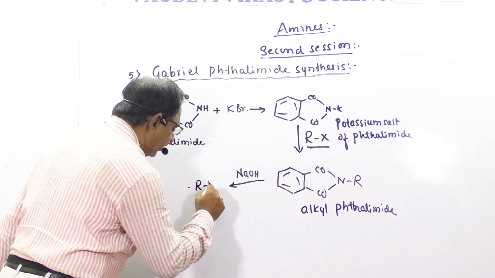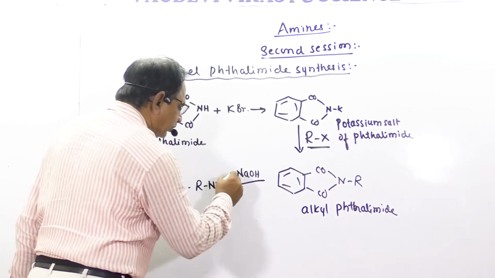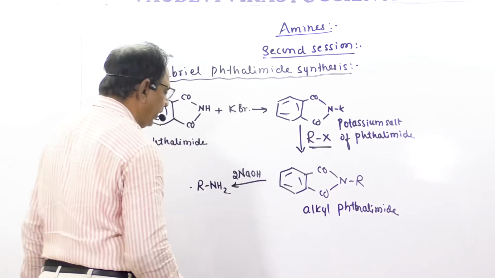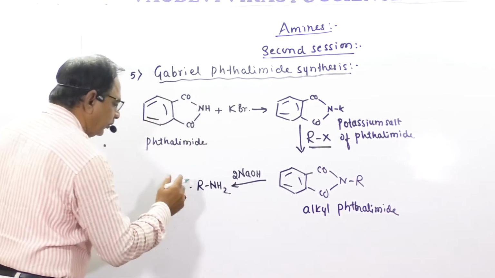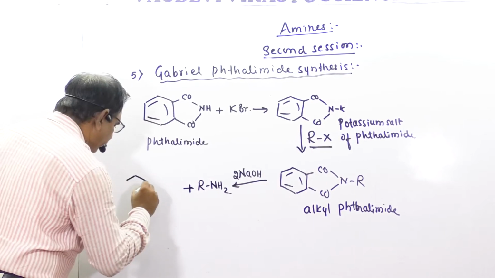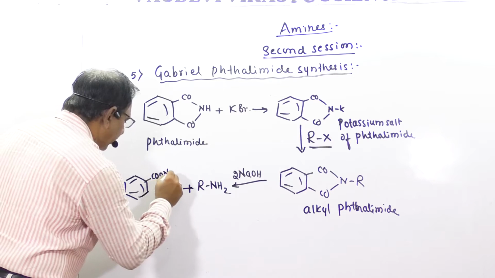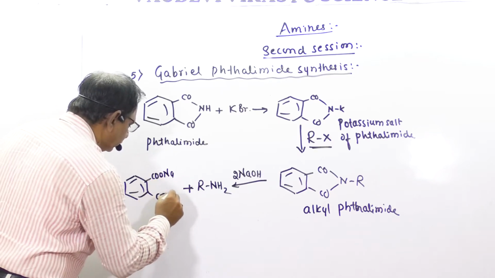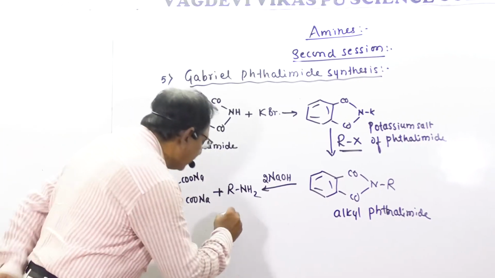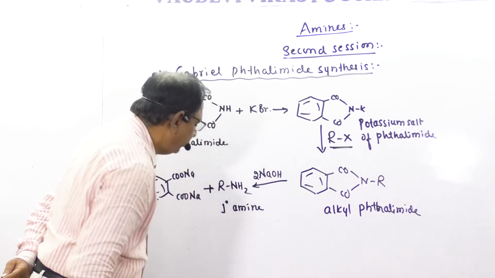Two molecules of sodium hydroxide react with one molecule of alkyl phthalimide to form RNH2 plus the sodium salt of phthalic acid, COONa. RNH2 is called a primary amine.